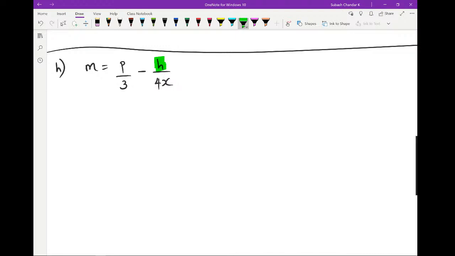This one is not too bad, but the next one is going to be interesting for you. We're going to spend a bit of time with this type of question today, because I'm going to show you a couple of different variations. So what I'd like you to do is make H the subject. So I want H by itself in this equation.